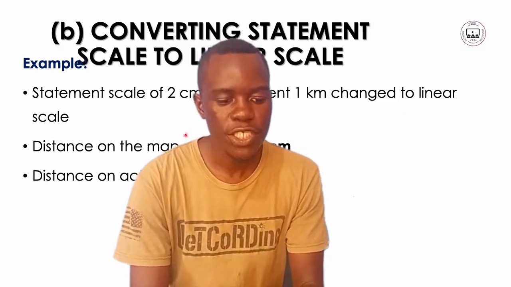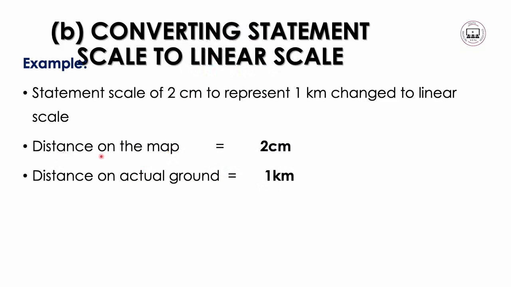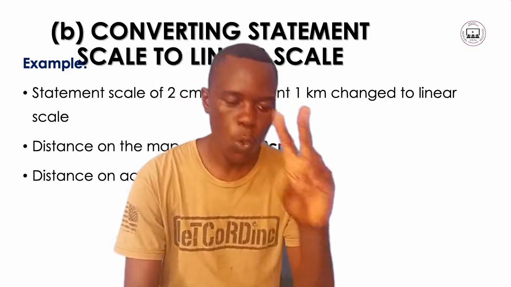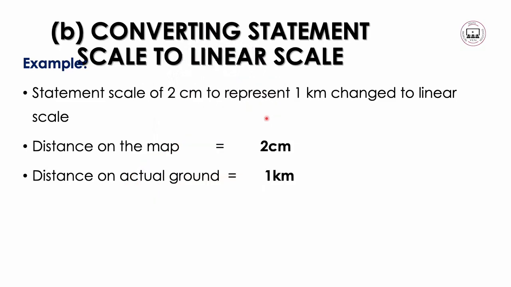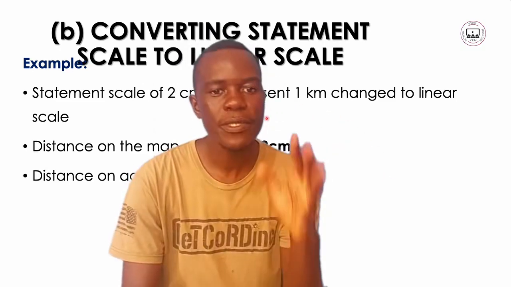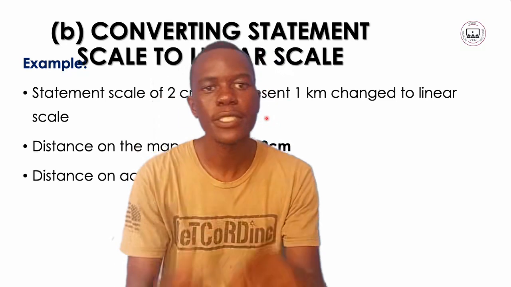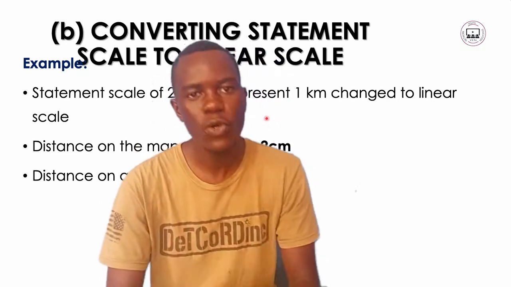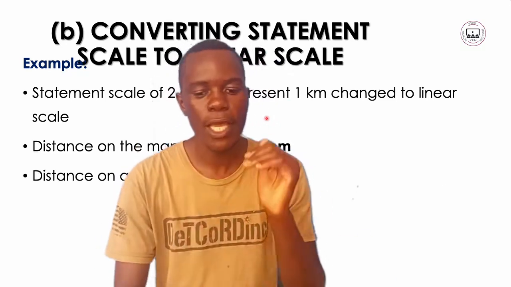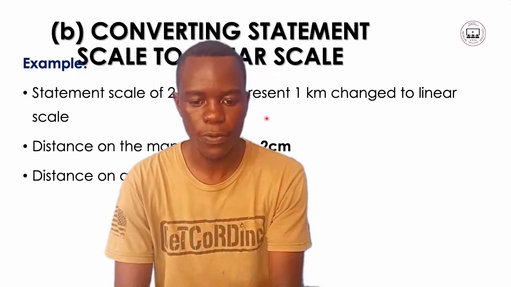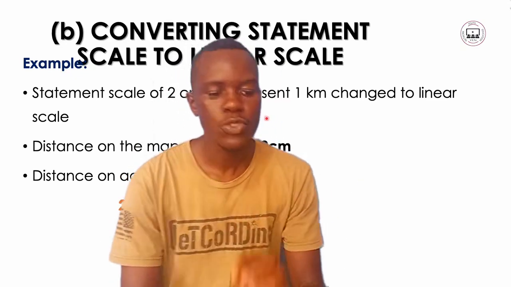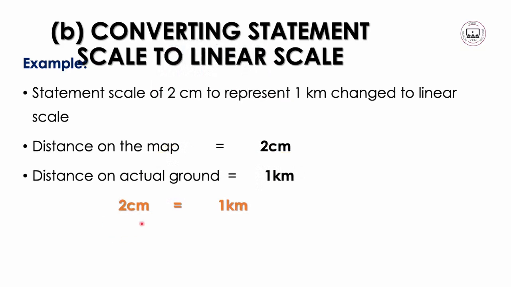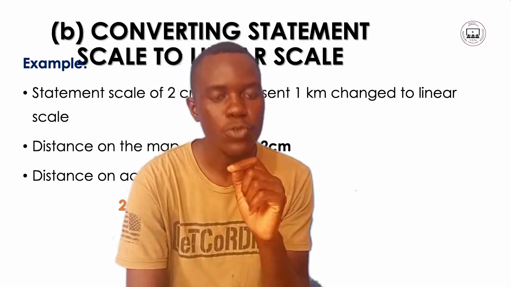Generally, what is meant here is that the distance on the map is equal to 2 centimeters, and the distance on the actual ground is 1 kilometer. So we can say that 2 centimeters on the map represent 1 kilometer on the actual ground.